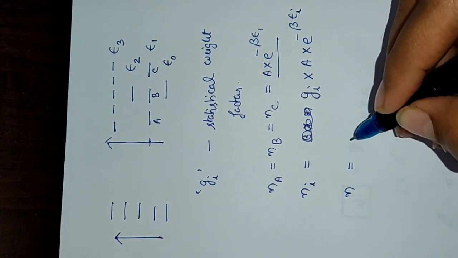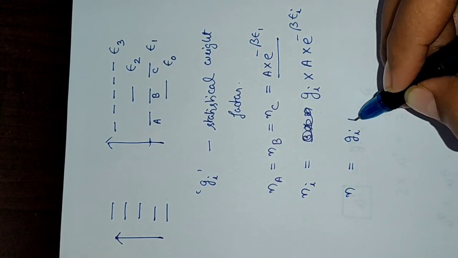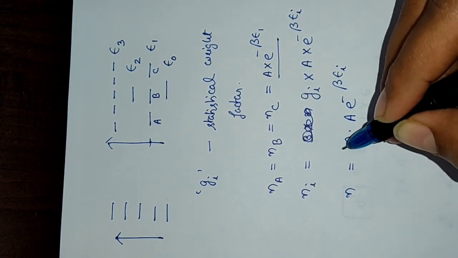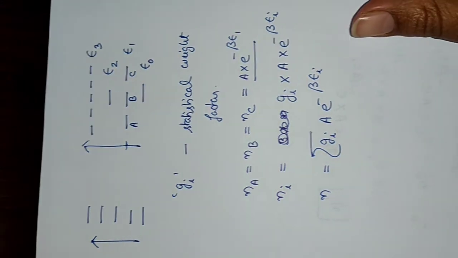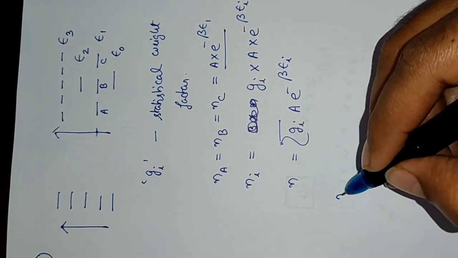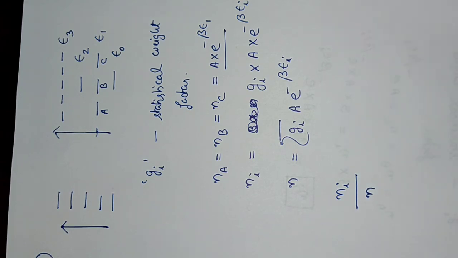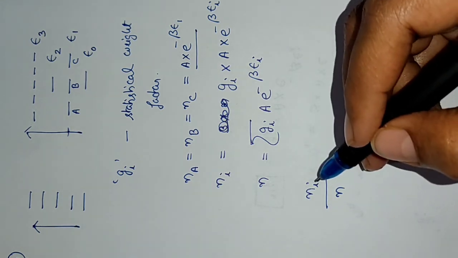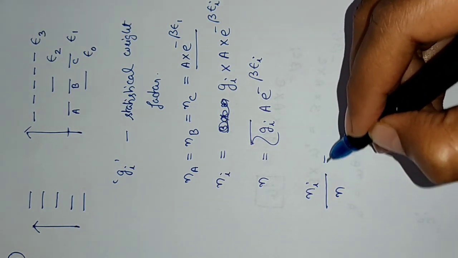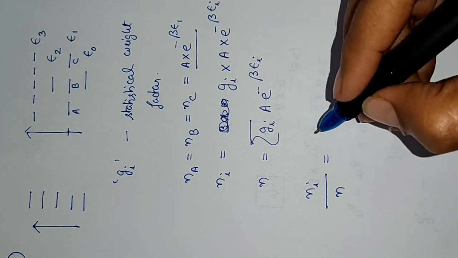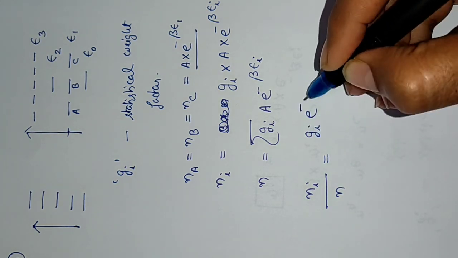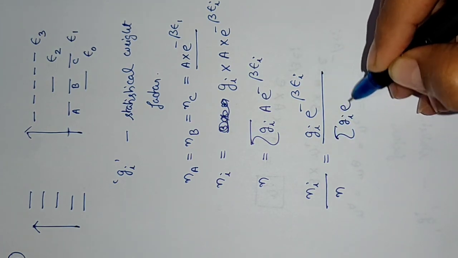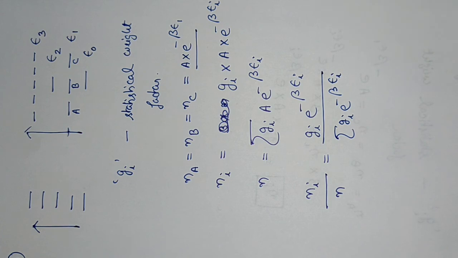Now N will give us in this way. Since N is summation over Ni, the Boltzmann distribution law, which is the fraction of total number of molecules at equilibrium at a certain temperature in the ith level, will be this: A will cancel out and we will have Gi into e to the power minus beta epsilon i by summation over Gi into e to the power minus beta epsilon i.